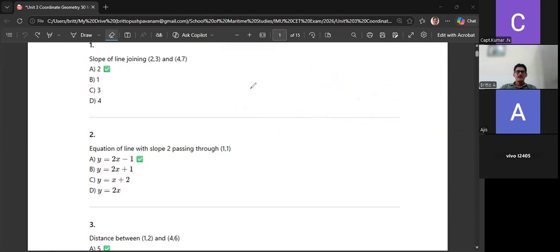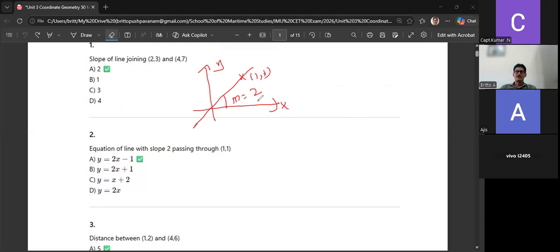If you draw a line with x-axis and y-axis, that line has a slope of 2, which is nothing but m equal to 2, and the line passes through the point 1, 1.